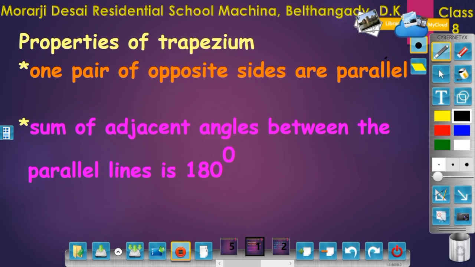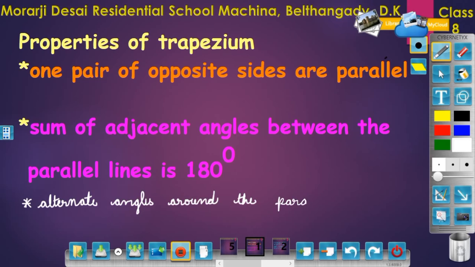And one more property, alternate angles around the parallel lines are equal. These are the properties of trapezium.